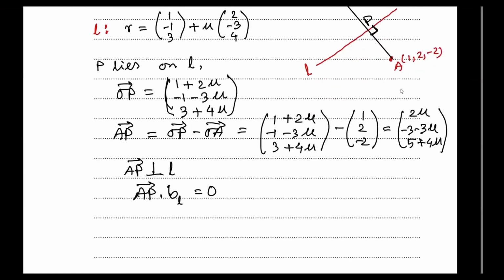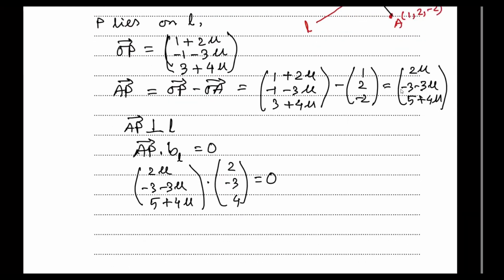And we have AP as (2 mu, minus 3 minus 3 mu, 5 plus 4 mu), dot the direction vector of L, (2, minus 3, 4). The dot product of these two equals 0 because they are perpendicular.